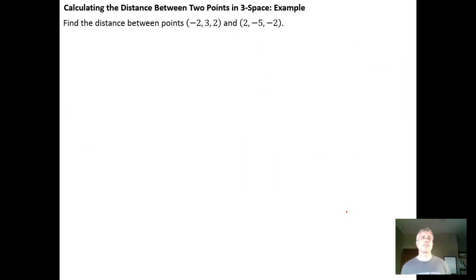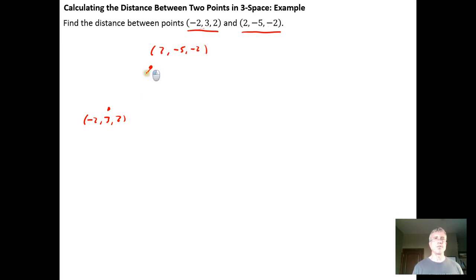So if we apply this in practice, it says find the distance between these 2 points. I like to draw a 2D representation of it. I don't worry about graphing them by hand in three-dimensional space. I just say, hey, here's a two-dimensional representation of what's going on in 3D.